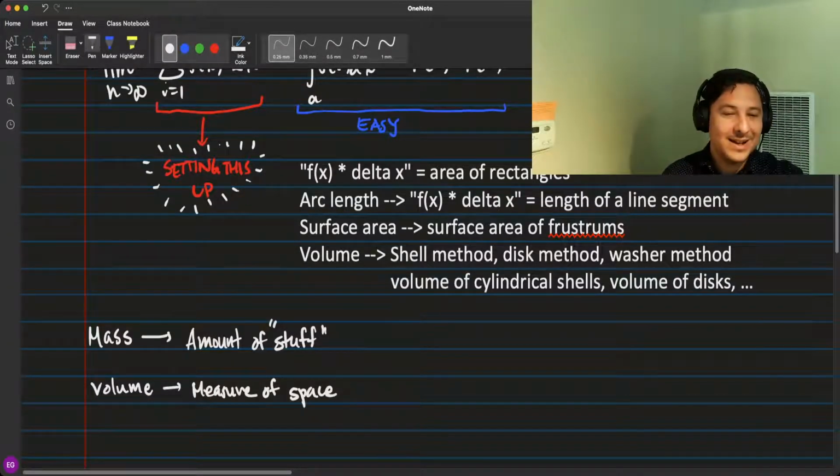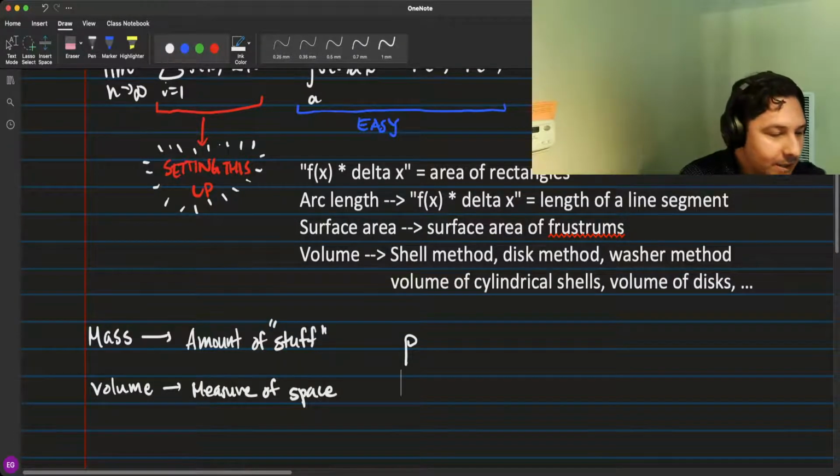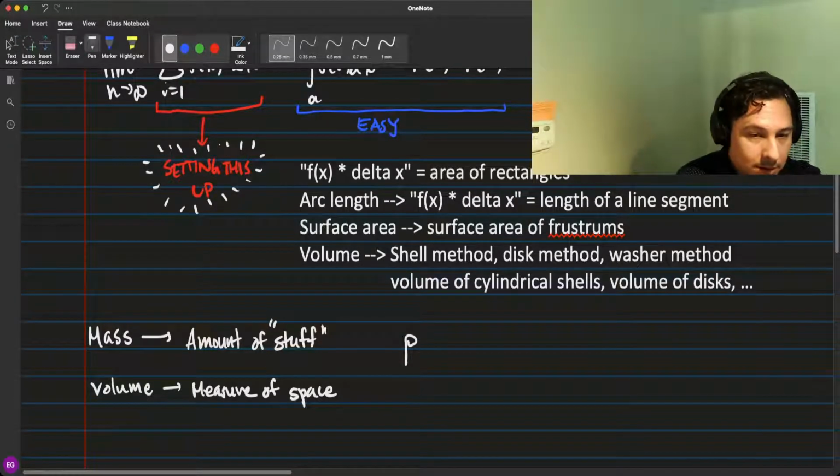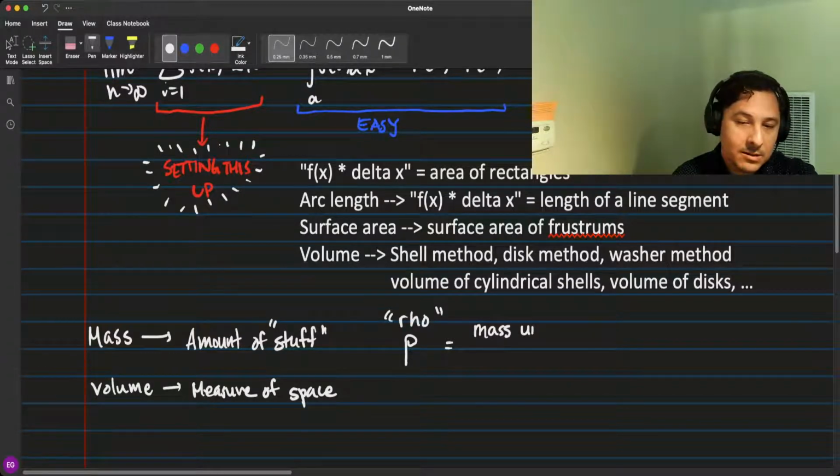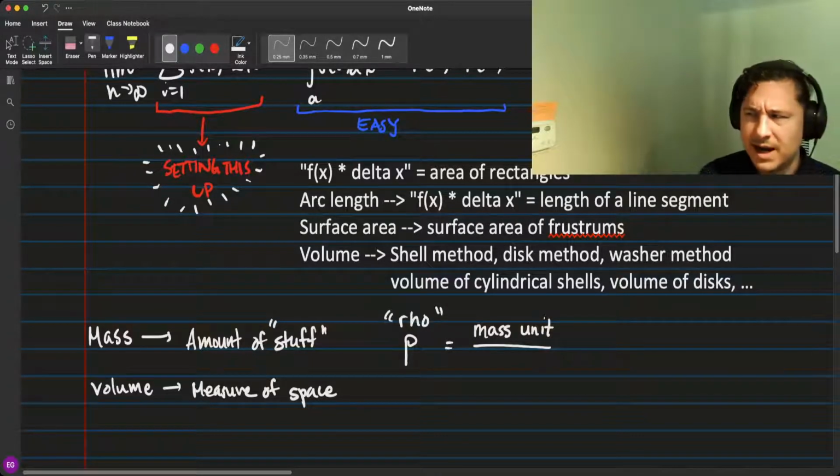Yeah, density. So density is usually defined by the Greek letter rho. It sort of looks like a weird P. And density is the mass unit per volume unit. Wait, yeah, it's mass over volume, right?